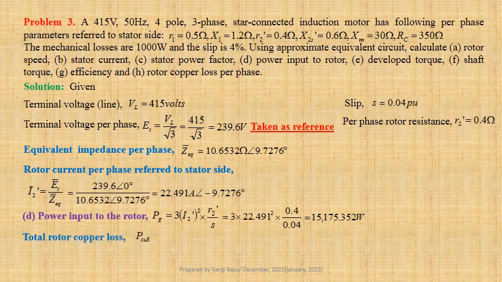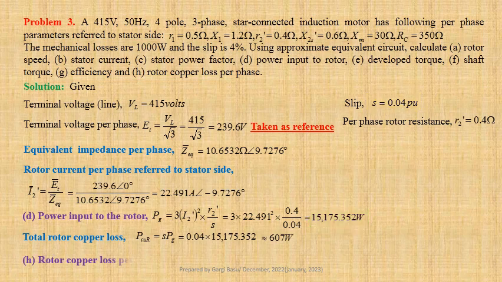P copper R equals S times Pg. Using values we get 0.04 into 15,175.352, which is approximately equal to 607 watts.